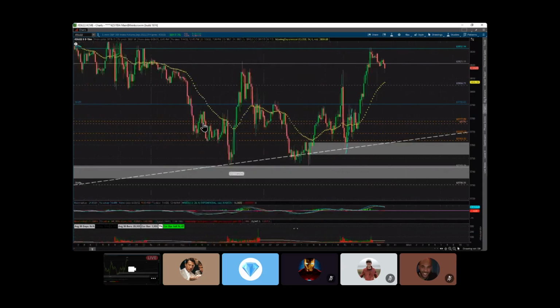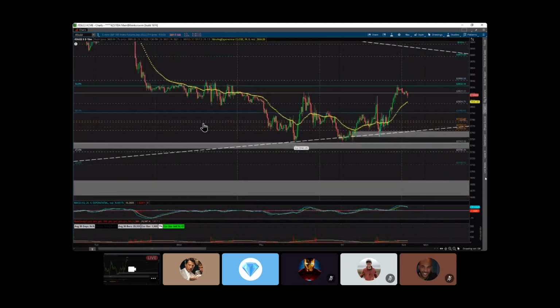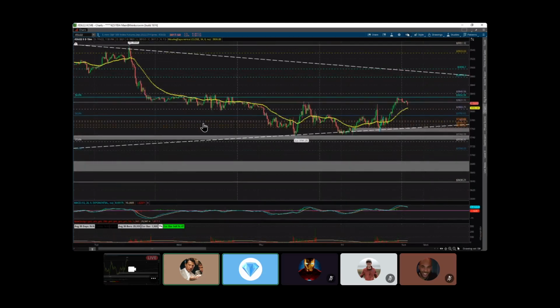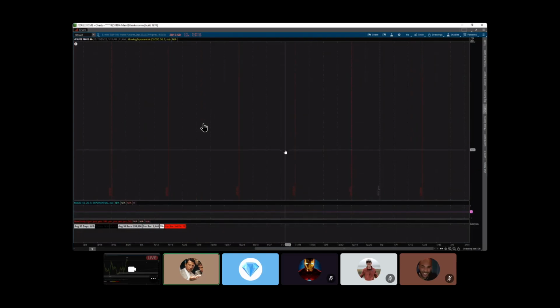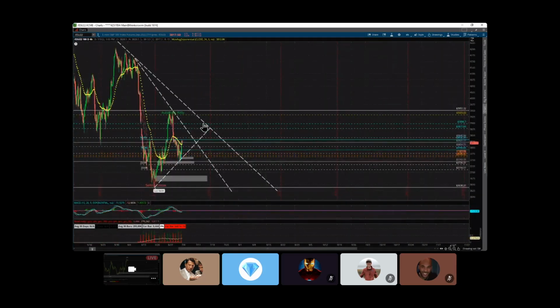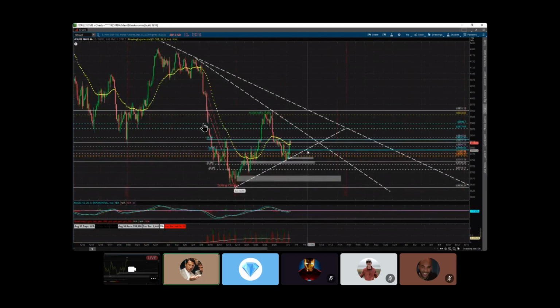Let's see. I'll tell you here in a second. From this indecision doji right here, right before the gap.